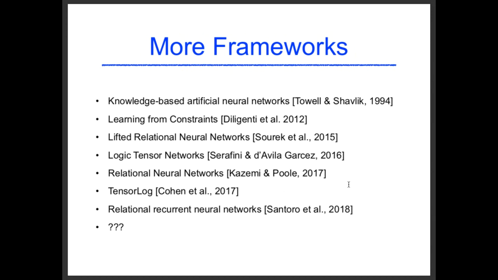And if you are interested in it, a seminal paper that I would recommend reading is this old paper of 1994, Knowledge-Based Artificial Neural Networks. It contains a lot of very pioneering ideas on how to use rules in neural networks, or neural networks jointly with rules. It's very interesting.